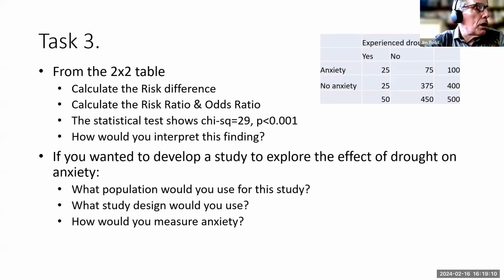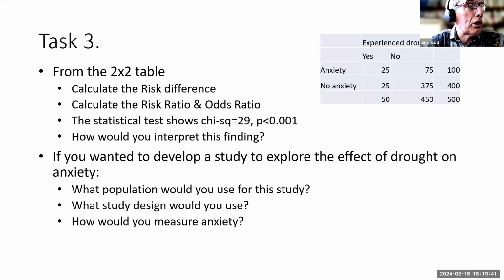And so we should interpret this finding as saying we can reject the null hypothesis that anxiety is the same in people who experience drought and people who don't experience drought. And we can say that, yes, there is greater anxiety amongst people who experience drought than people who don't experience drought. And if we calculate the odds ratio as we did there, the odds ratio would be 5.